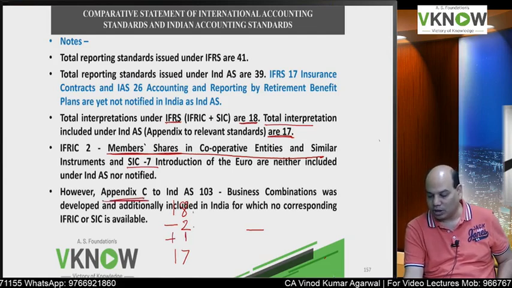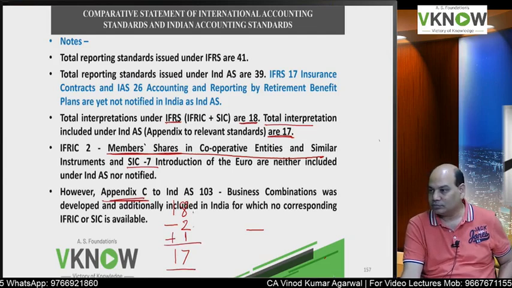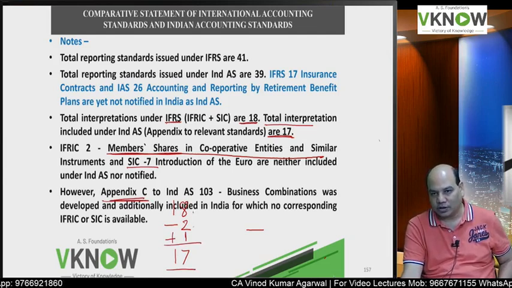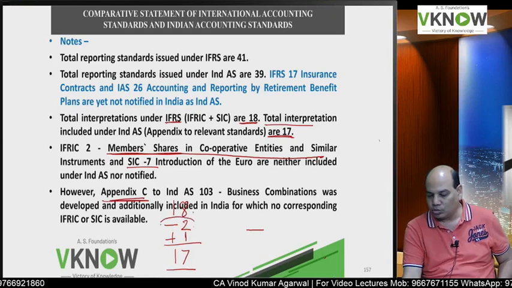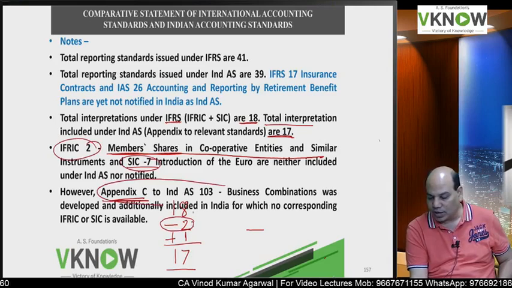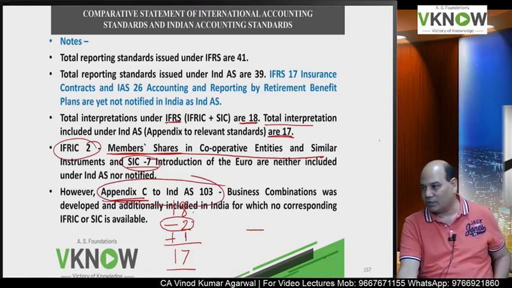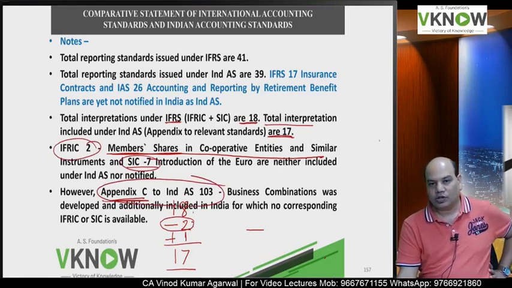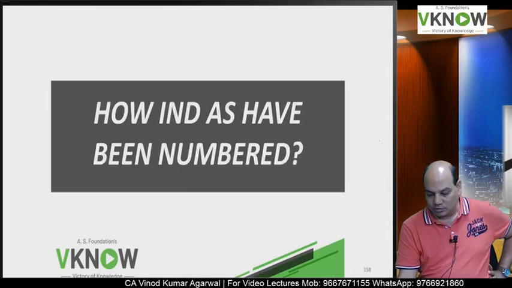So 18 minus 2 plus 1. These are interpretations. 18 is in IFRS. In India, these two are not there, but this is added from our side, that is Carve-in. So 17 interpretations are there.